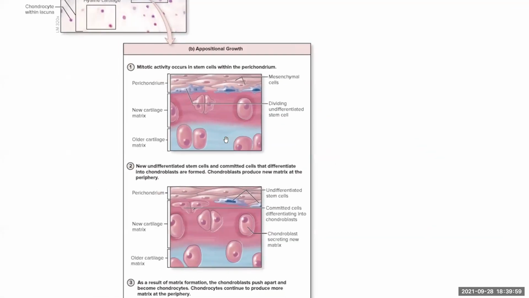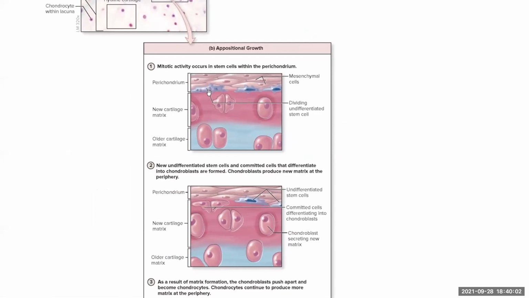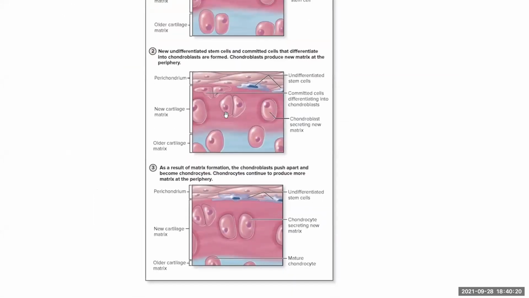Okay, so here's what we're seeing with appositional growth. You have your stem cells that live in the perichondrium. Those stem cells are going to divide and produce a new undifferentiated stem cell and a chondroblast. With that chondroblast, we'll start to see the chondroblast doing what it does best, and that's to produce new cartilage matrix at the edge of our cartilage.